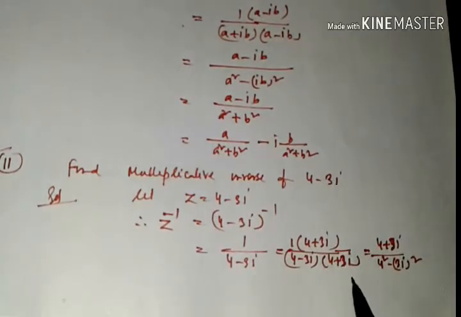And this is equal to 4 plus 3i divided by 16 plus 9.